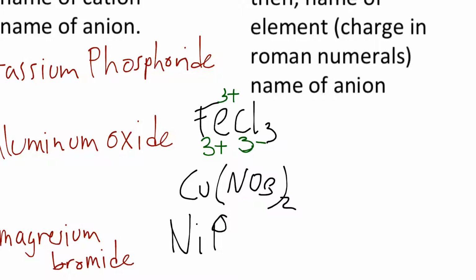Nitrate, its charge is -1, so overall negative charge is 2-. Again, because copper only has one present here, that means it needs to be a 2+ charge in order to cancel out the 2-. Phosphorus has a 3- charge, so that means this nickel needs to have a 3+ charge.